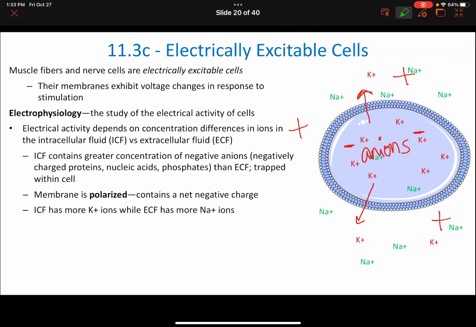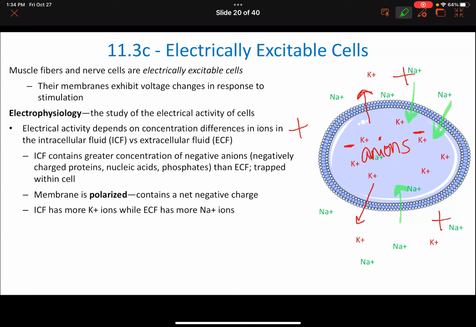Sodium has a higher concentration of molecules outside the cell than inside. There's only 2 inside the cell in this example, and there are many outside the cell. So, which direction do you think the sodium molecules want to go? Inside or outside the cell? They want to go inside because they also want to go down their concentration gradient.